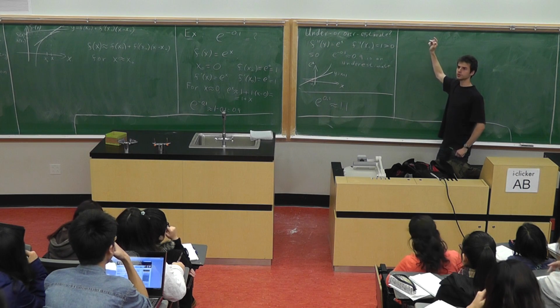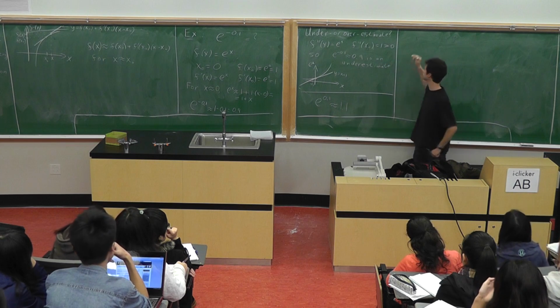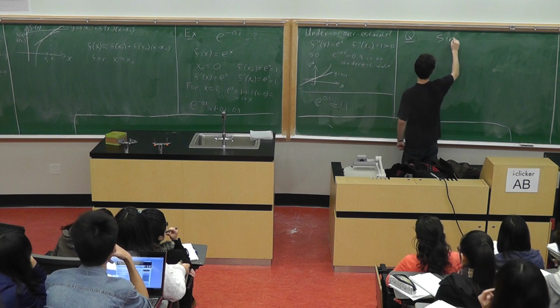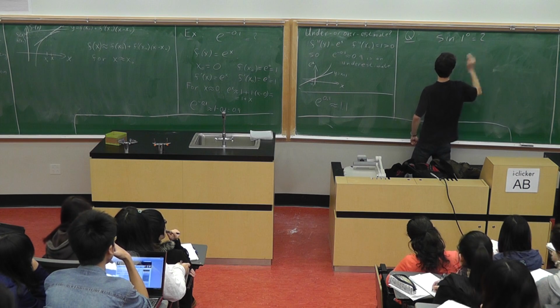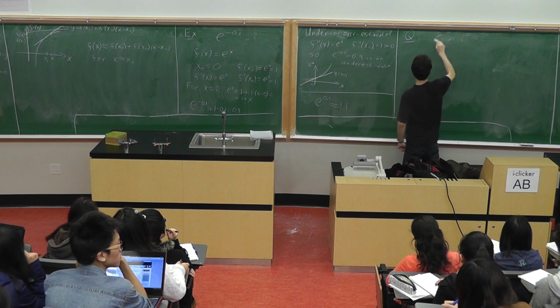Okay, next I want to do a different kind of question. Not much different; I still want to use linear approximation, but the question is as follows: approximate sine of 1 degree.